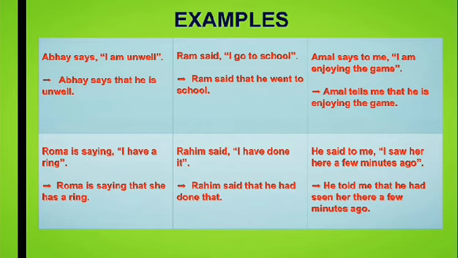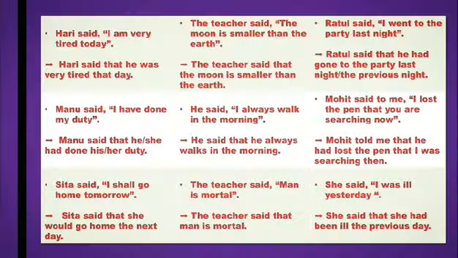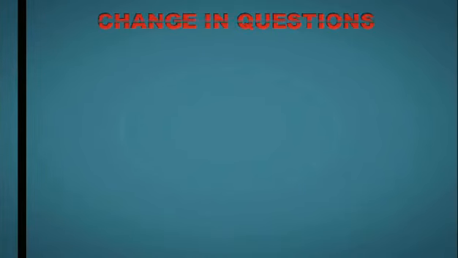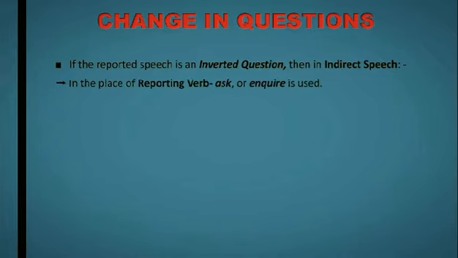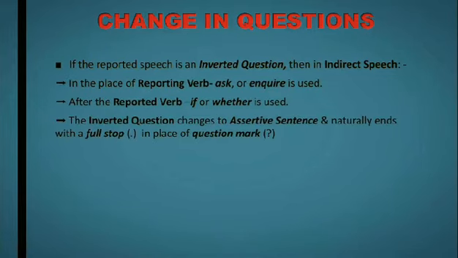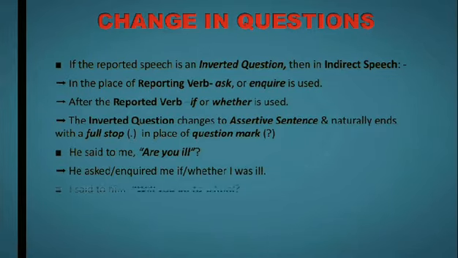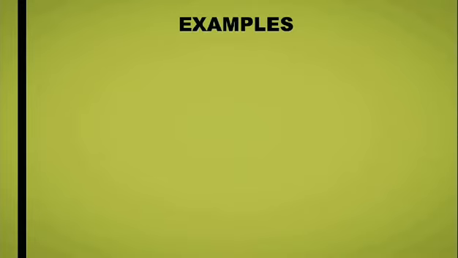Next, we have also seen how the examples work in case of present tense and past tense. Firstly, we saw in case of assertive sentences what changes happen, then in case of interrogative sentences what changes happen, the change in questions, with the help of some examples, right?